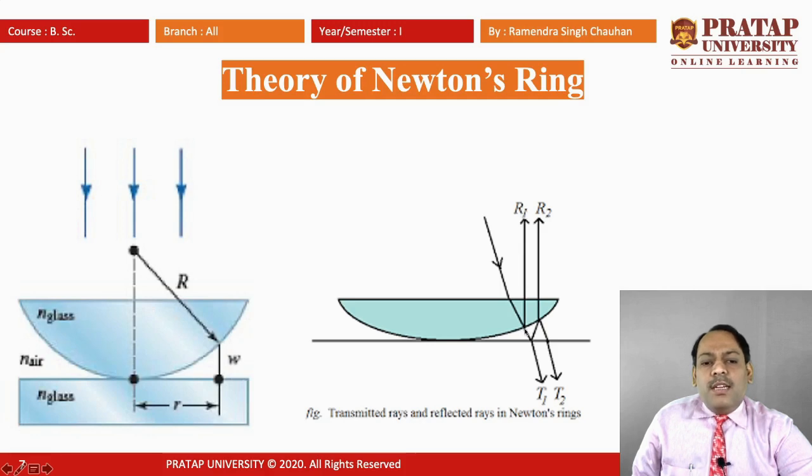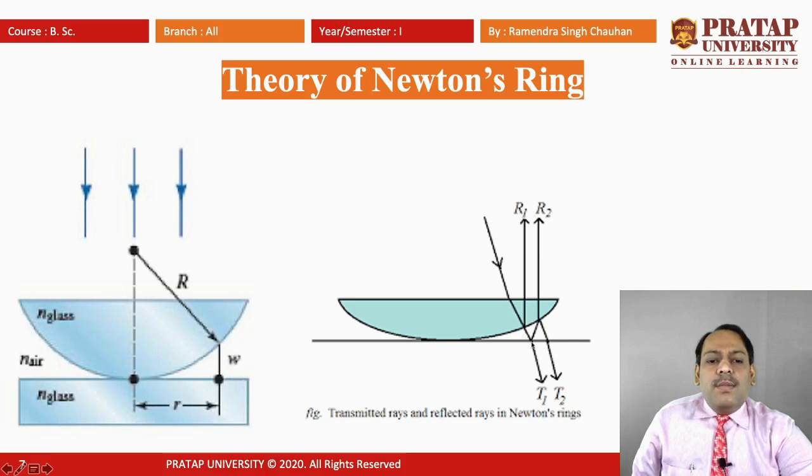Now, from here the transmitted ray will go to the glass plate P, and at this point it will again be reflected at the glass plate P and go to the lower surface of the lens. From here it will be transmitted as R2, and these rays R1 and R2 will get overlapped. So, when these rays are overlapped, we will observe the Newton's rings in reflected light.